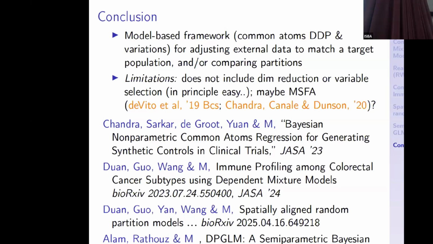Thank you for a wonderful talk, and I was very interested in the very first application where you contrasted the two populations, the treatment arm and then the control population.